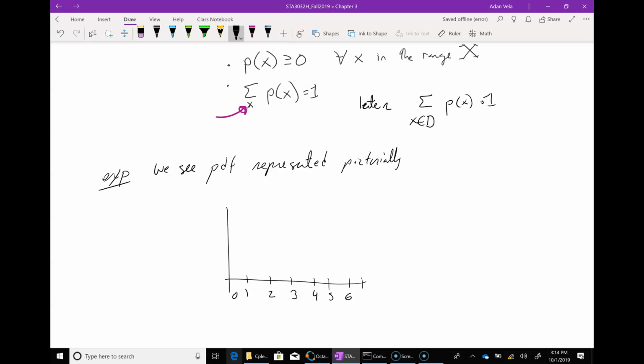We're going to represent the probability of them being used, and I think we had something that looked like this.